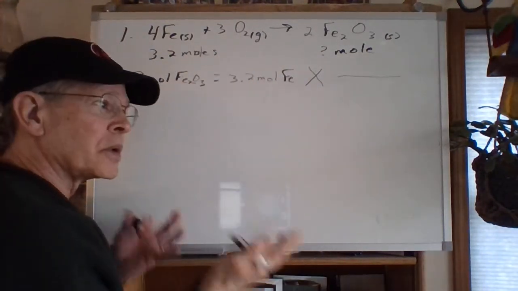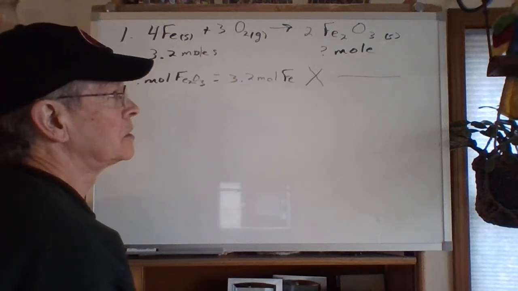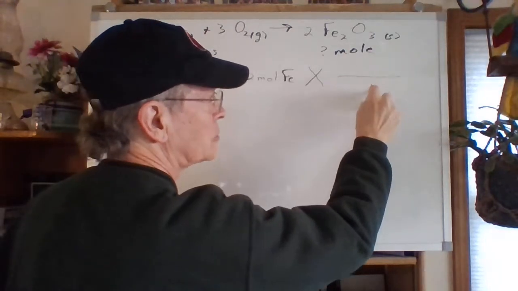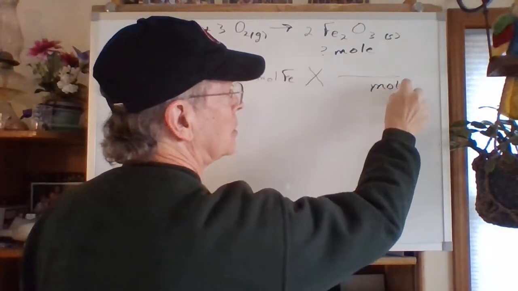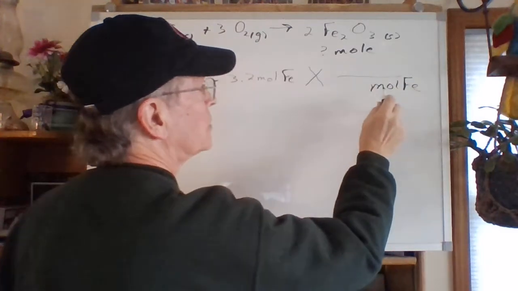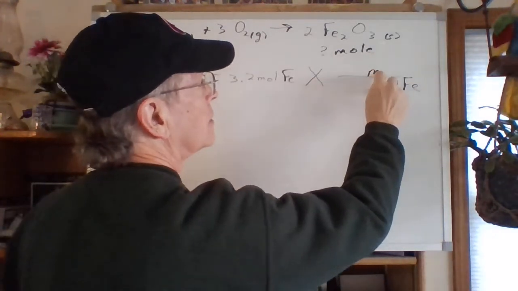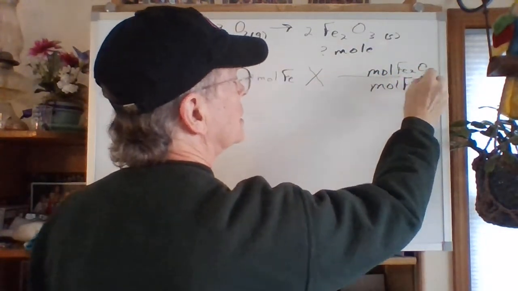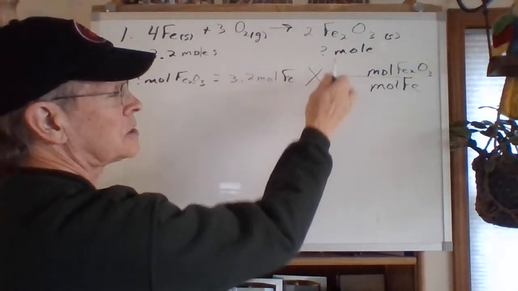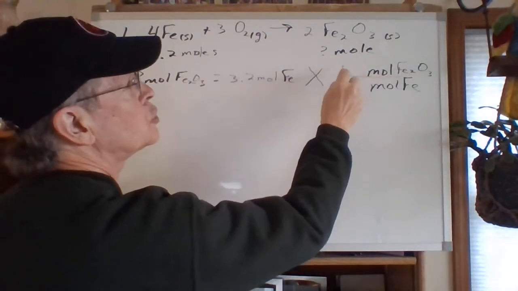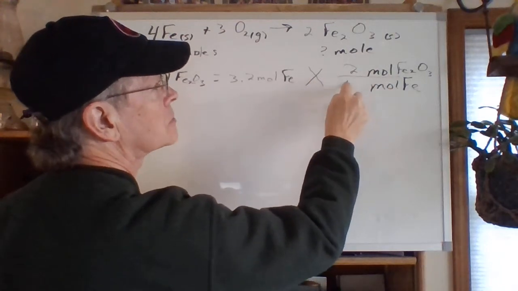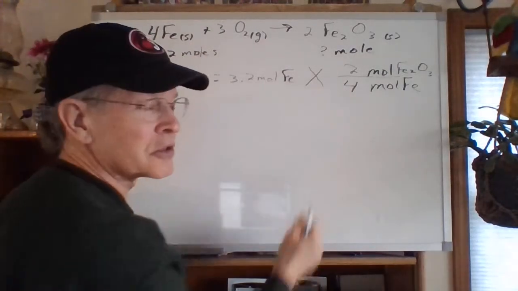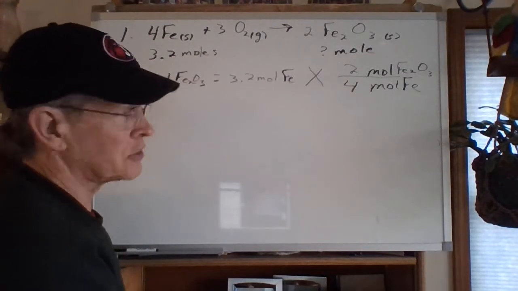We just have to decide which one we put on the top, which one on the bottom. We're trying to get rid of this unit label, so we want to factor that out. That should be the unit we put on the bottom: moles Fe. Well, that means the moles of iron oxide, Fe2O3, must go on the top. What are the numbers that go there to make these quantities equal? Well, 2 moles of this is made from 4 moles of iron. And there you see the ratio is 1/2 or 2/4.